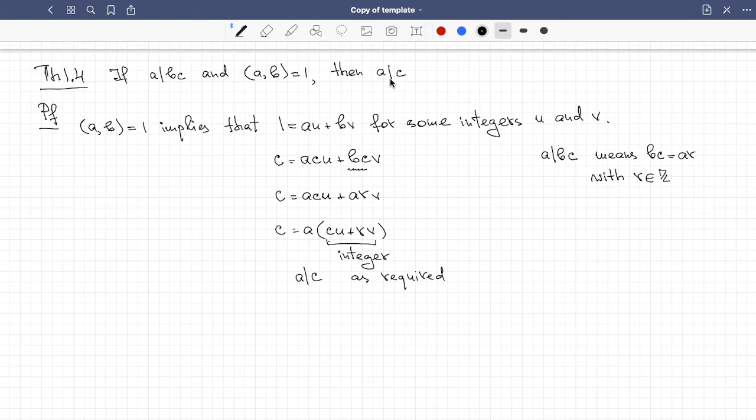So that is what we wanted to prove. A divides C, we proved that, yes, by definition, this is the same thing as C is A times some integer. Thank you for listening. We will continue.